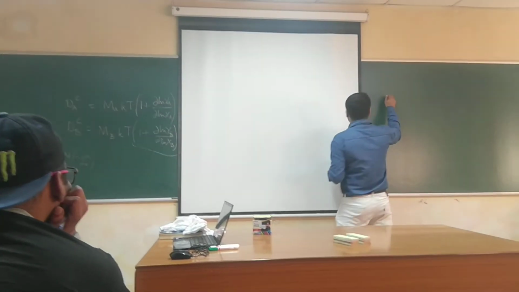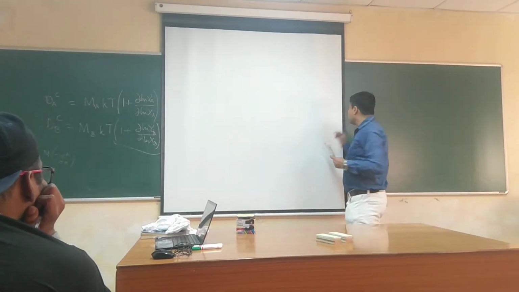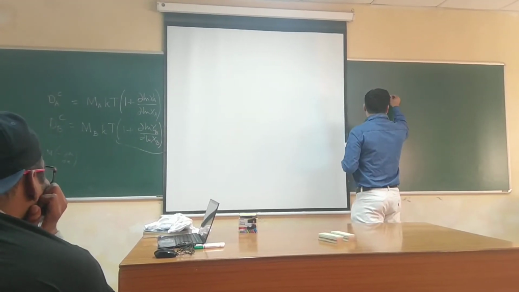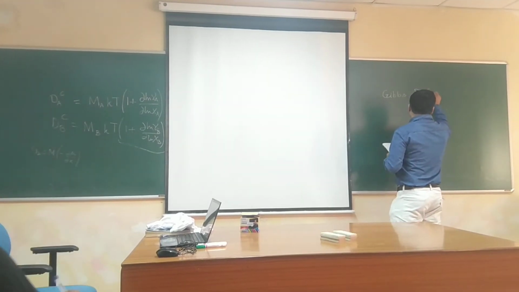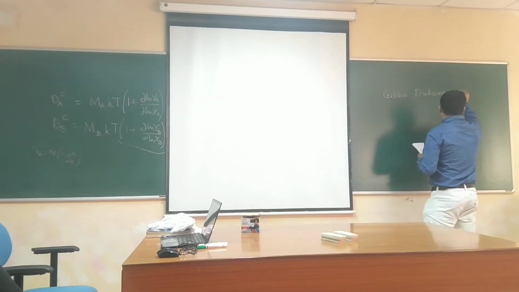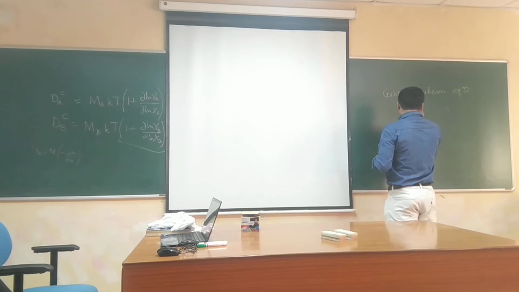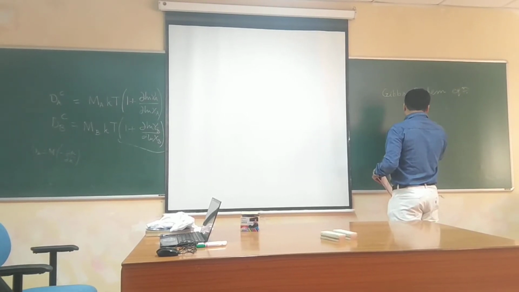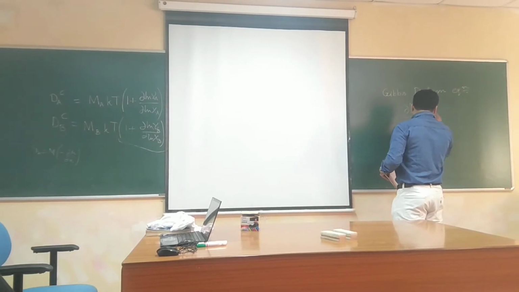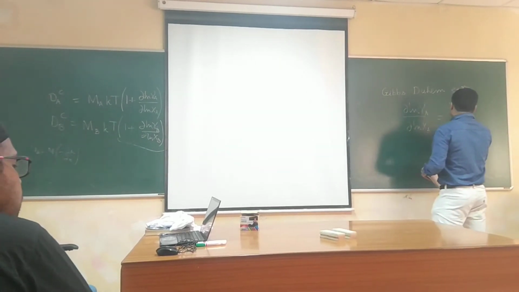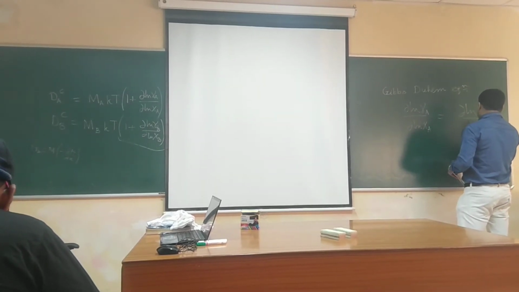So we can, from that, and from Gibbs-Duhem equation, from thermodynamics, we get that for different components, this del ln gamma over del ln x are equal. So for A should be equal to del ln gamma B over del ln xB.